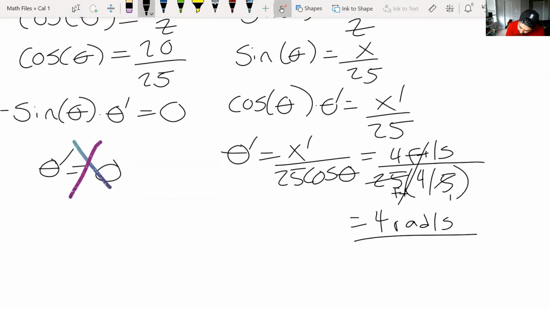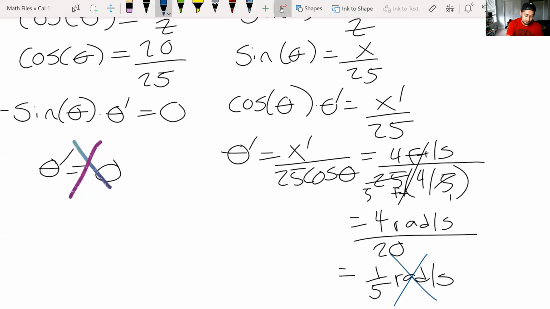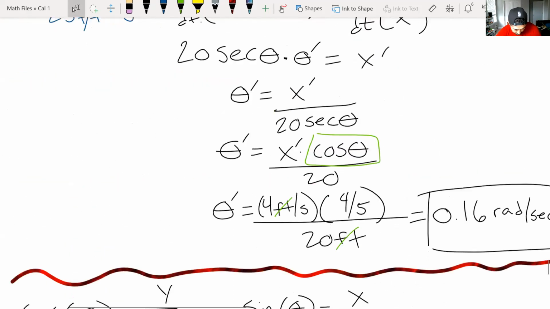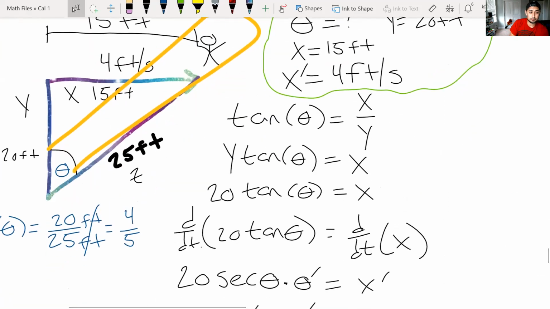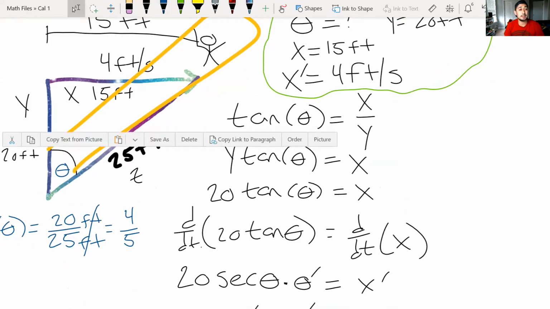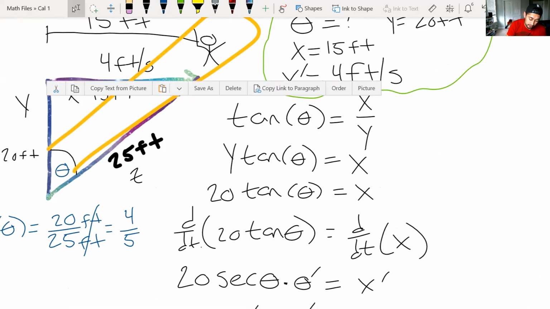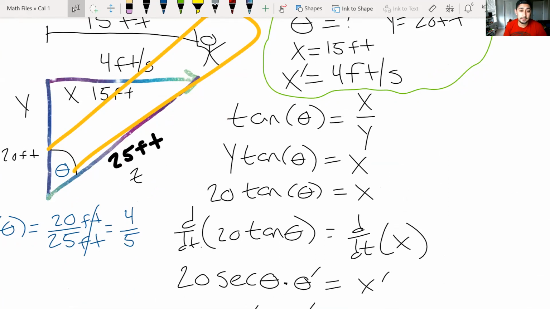That would become a 5, and that'd be 20. 4 over 20, and this would be 1/5 radians per second, which is again what we don't want, because sine does the opposite over the hypotenuse. So opposite over the hypotenuse does not cover the whole range of the actual theta. And I'll write that in your notes for you. It does not cover the range of the whole theta.